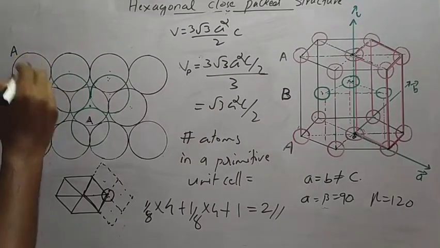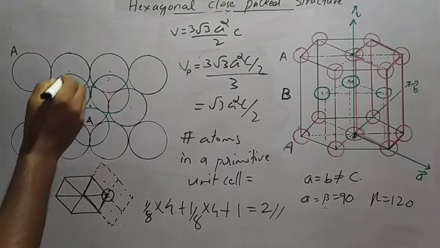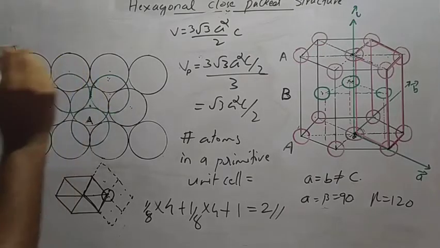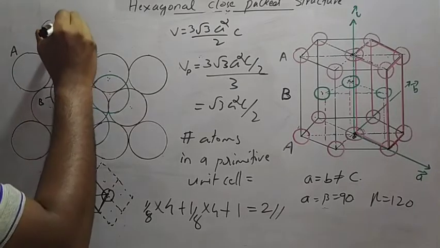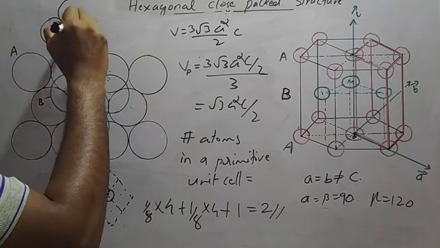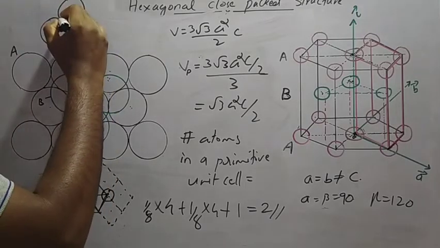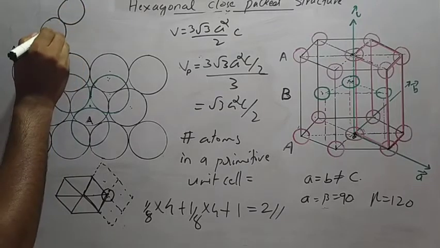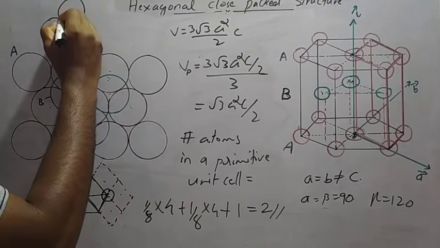This is layer A. This atom belongs to layer A, and this atom belongs to layer B. I am drawing the side view of those 2 atoms. I am considering my lattice point not at this point or this point, but at this point.